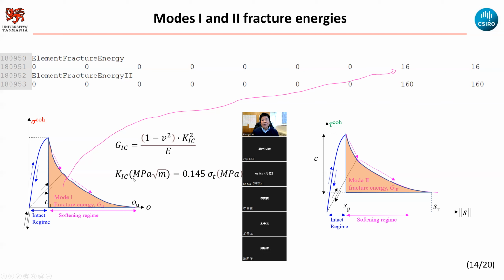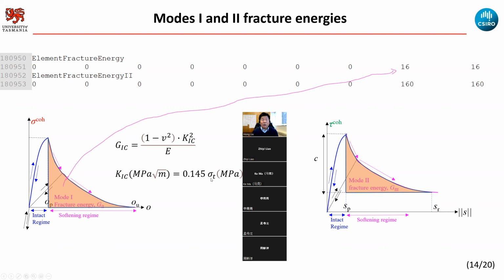So the empirical formula, since this empirical is not a theoretical formula, the dimensions are not consistent with each other. You need to use this dimension. So K1C, the unit is megapascal times root of meter, equal to 0.145 times the tension strength.